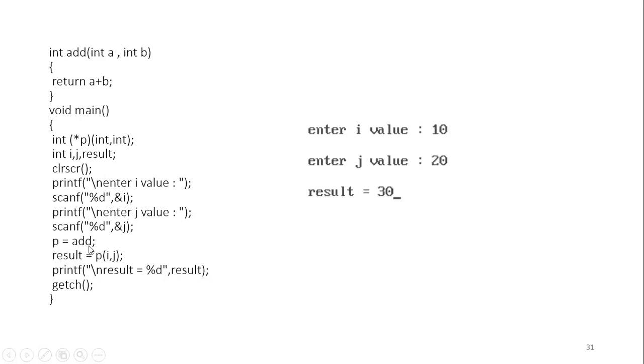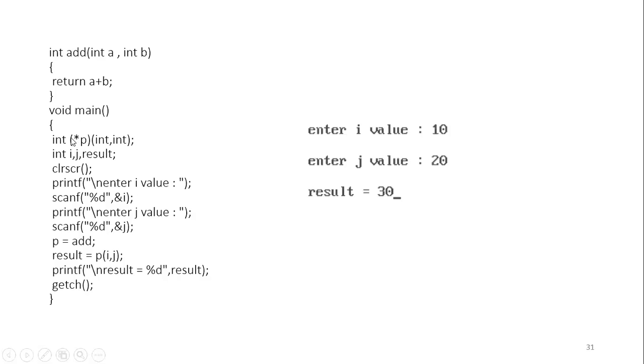p is equal to add. Here we can see that add is a function which returns an integer and accepts two parameters, int a and int b. So this is the function. The add function prototype should match this function pointer declaration.